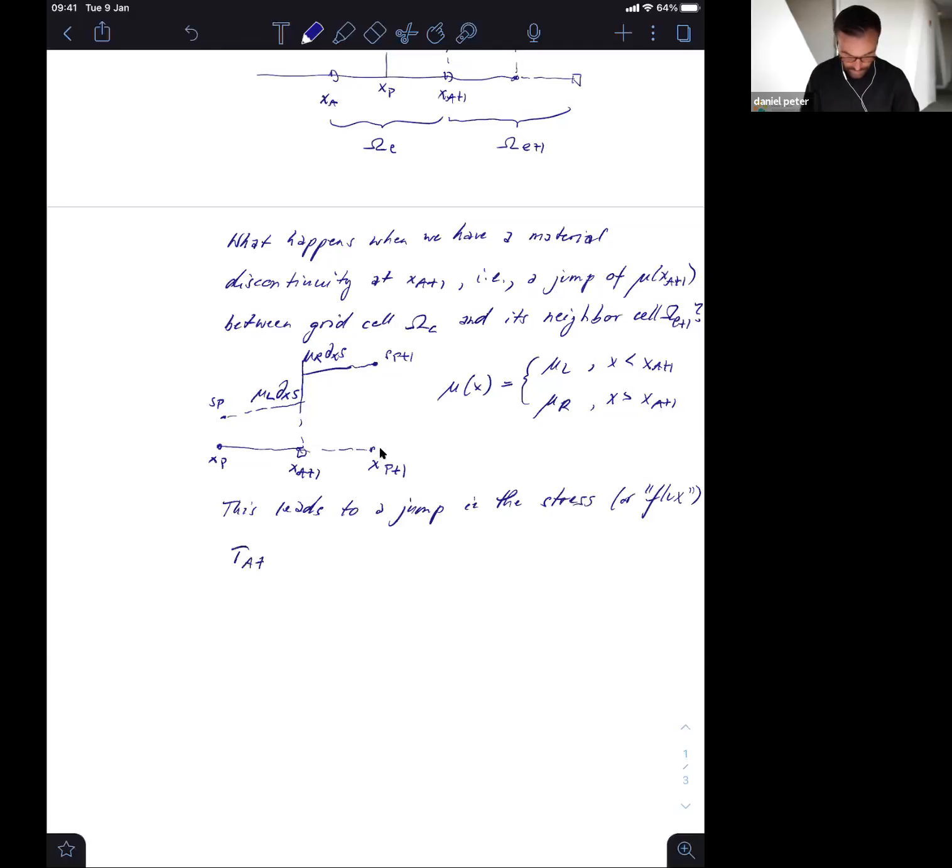So if you look at the stress at xa plus 1, it is defined as the shear modulus at xa plus 1 times the derivative of the displacement strain at xa plus 1, which now becomes either the left-hand stress, oops, let me move it a bit to the side.